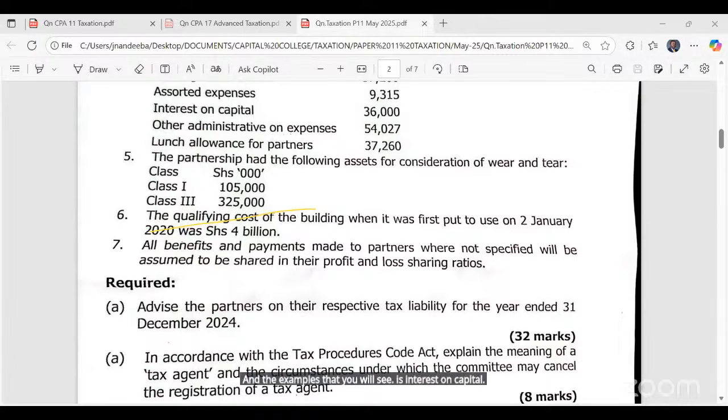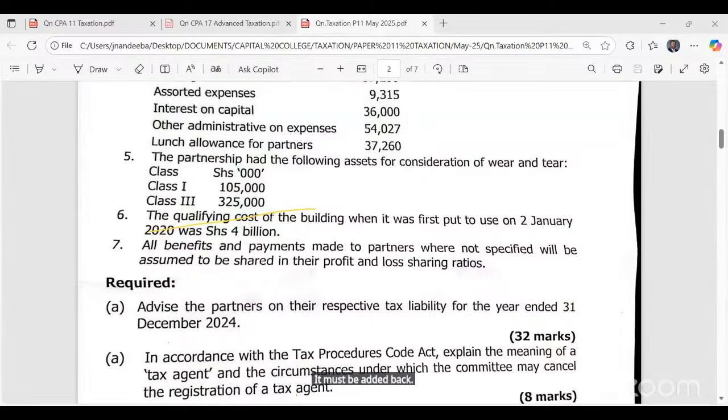Are partners supposed to be paid interest on capital? No, because they must wait for the profit. Number two, salary to the partners. Any salary that is paid to the partners must be added back. Number three, any drawings, if any partner picks money from the partnership, it must be added back.